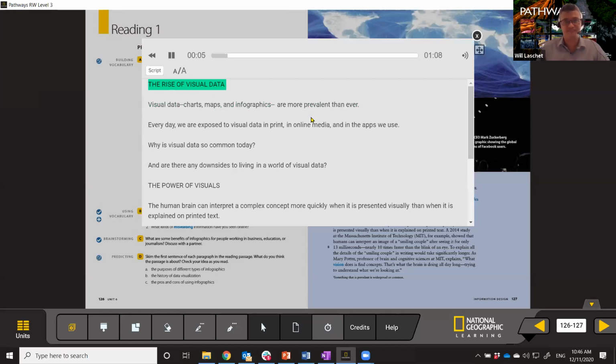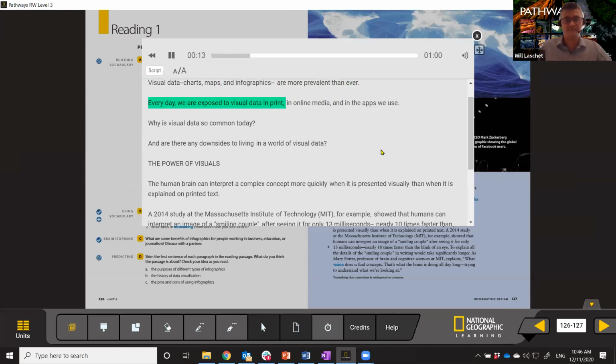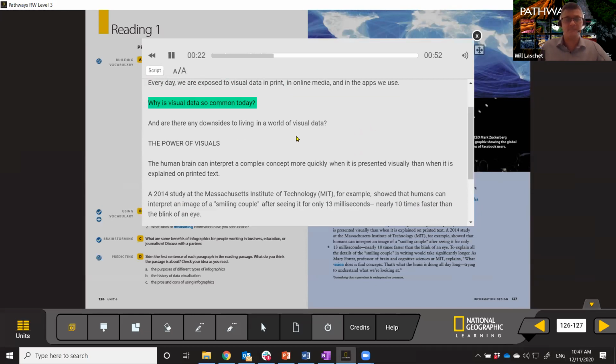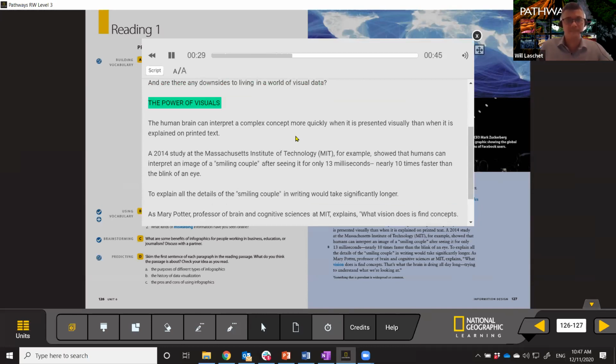Visual data. Visual data, charts, maps, and infographics are more prevalent than ever. Every day we are exposed to visual data in print, in online media, and in the apps we use. Why is visual data so common today? And are there any downsides to living in a world of visual data? The power of visuals.